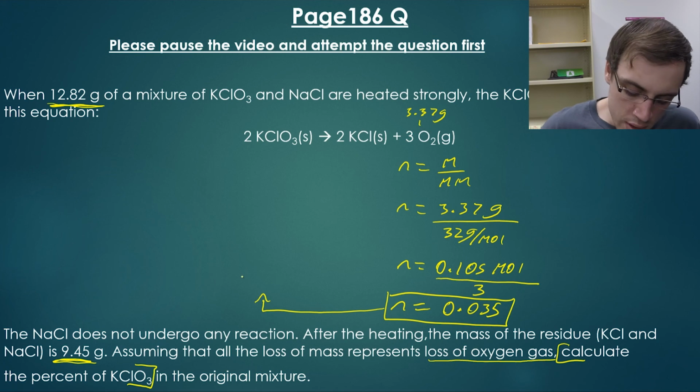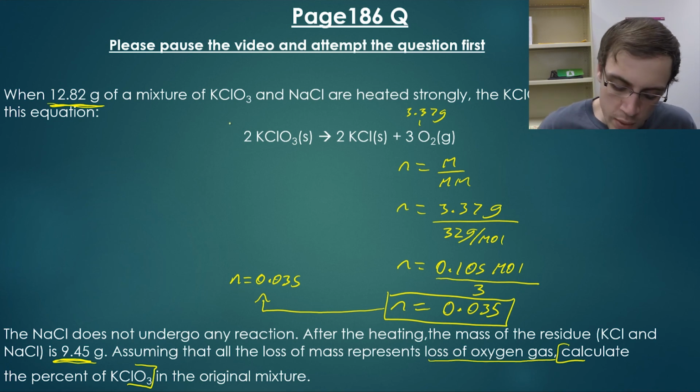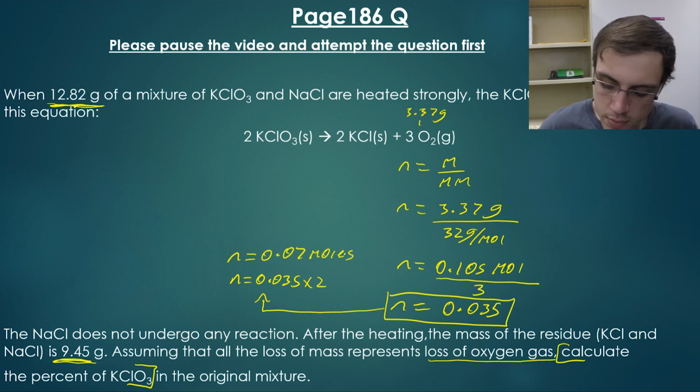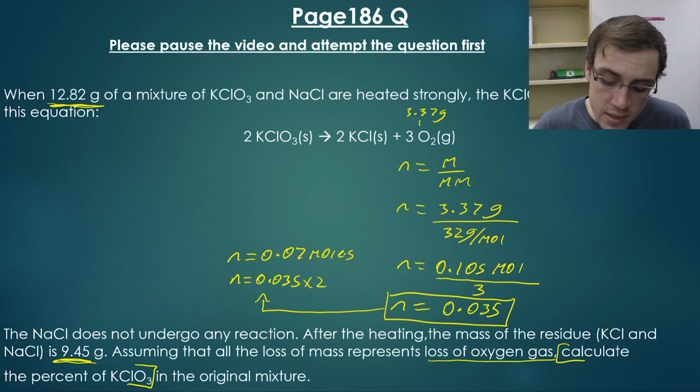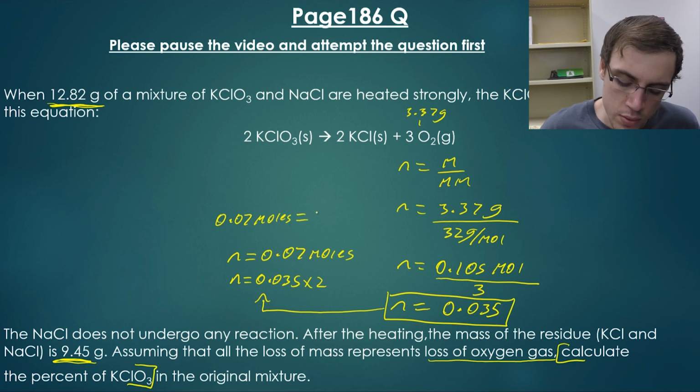So we go moles is equal to 0.035. Now, potassium chlorate has a coefficient of 2. So we multiply this by 2, which means that we have 0.07 moles. Now we move this into mass. So 0.07 moles is equal to the mass, which we don't know, over the molar mass.